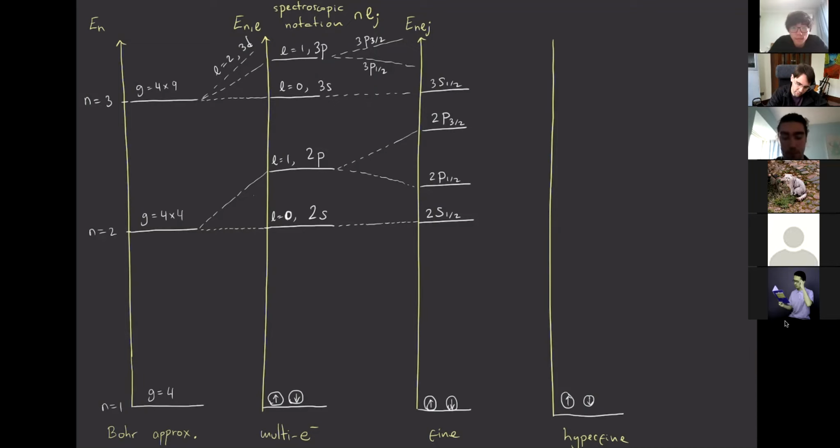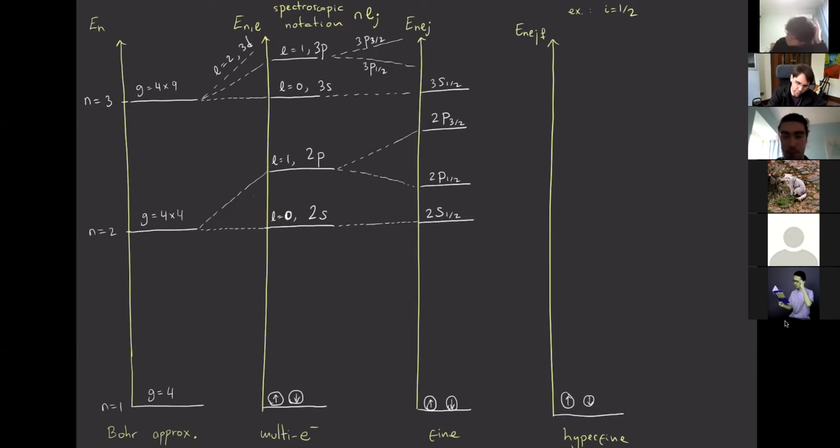Now the energies depend not only on N, L, and J, but also on some F. F is a composition of angular momenta, so we need to choose as an example some nuclear spin. Just to make it simple, let me take as an example a nuclear spin equal to 1/2.